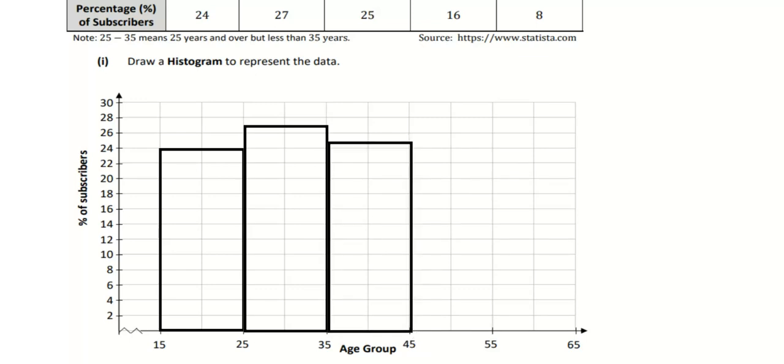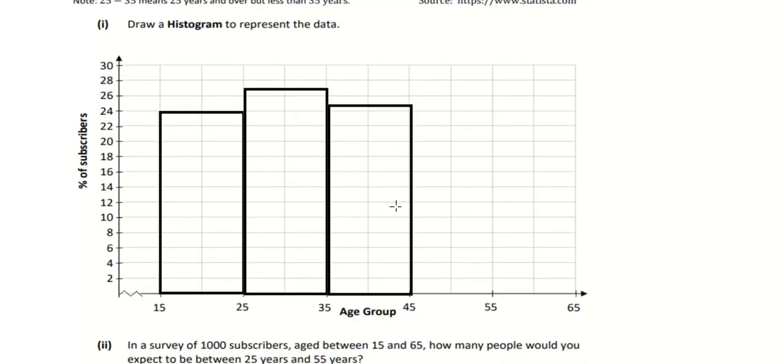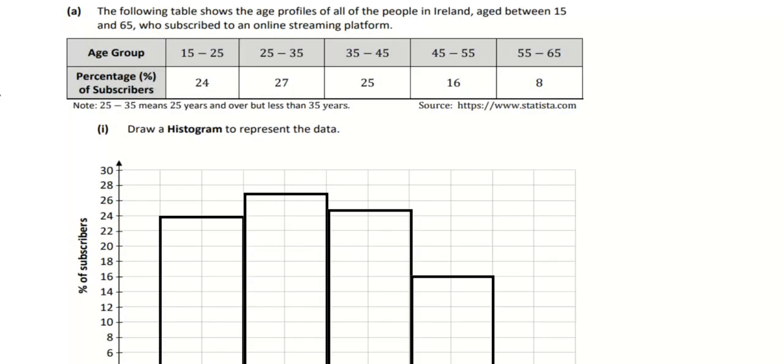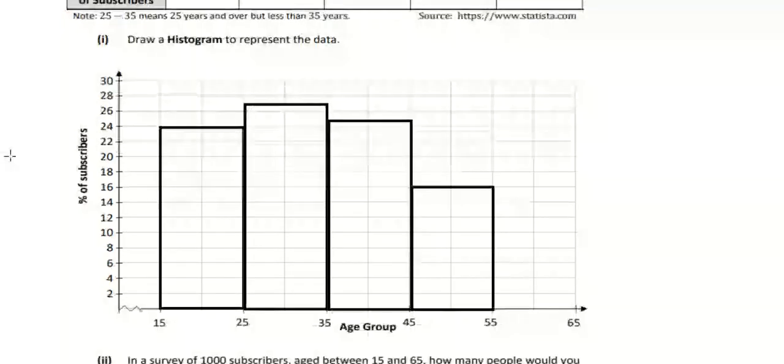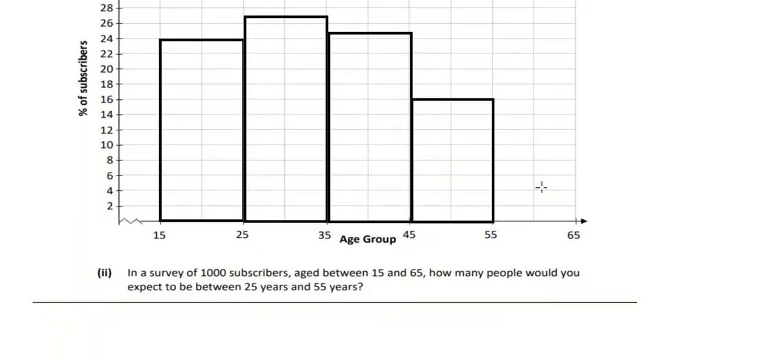Okay. And then we have 16. And then we also have 8. Okay. So that's all of them.